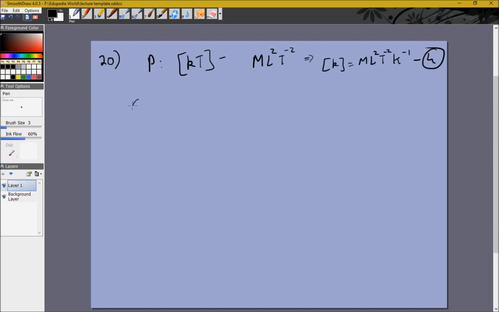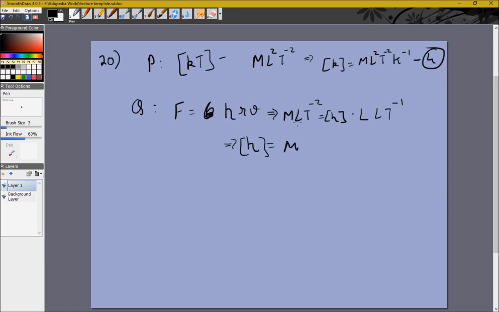So P is 4. Q is coefficient of viscosity. I like F is equal to 6 pi, which does not have any dimension, eta R V, which means mlt minus 2 is equal to dimension of eta times L times lt minus 1, which means dimension of eta is equal to m.